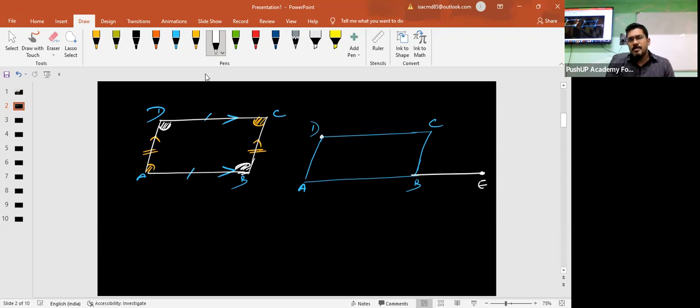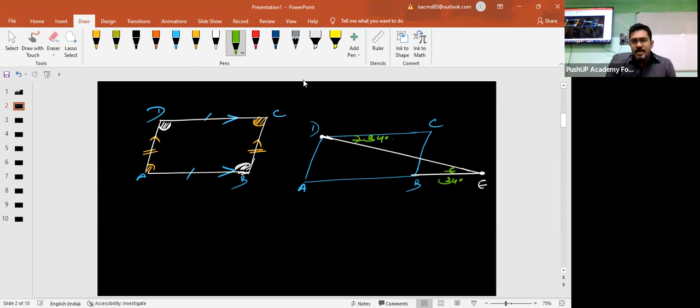From this point D, imagine I am drawing a line segment DE. If I ask you, if this angle is 34 degrees, how much would be this angle? 34 degrees. And what reason will you mention? Interior alternate angles, isn't it?